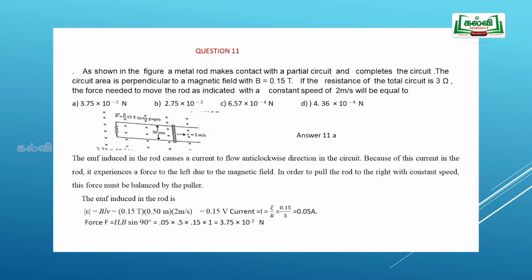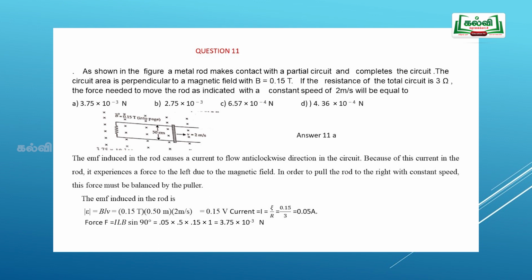There will be an induced EMF. This is what we named as motional EMF, right? Once you get this, that is what I have given here. EMF induced in the rod causes a current to flow in the loop. This is plus, this is minus. So, how will the current flow? From plus to minus, like this, in the anti-clockwise direction.